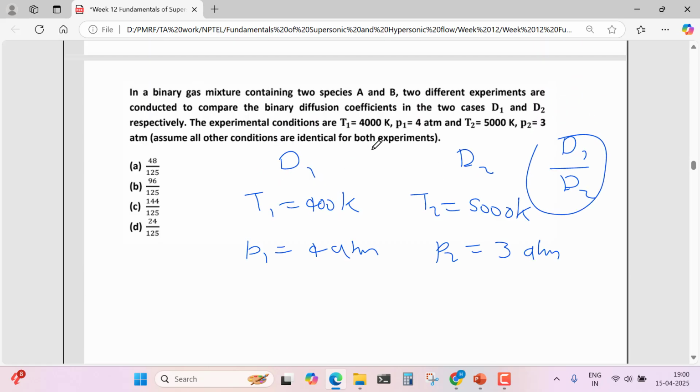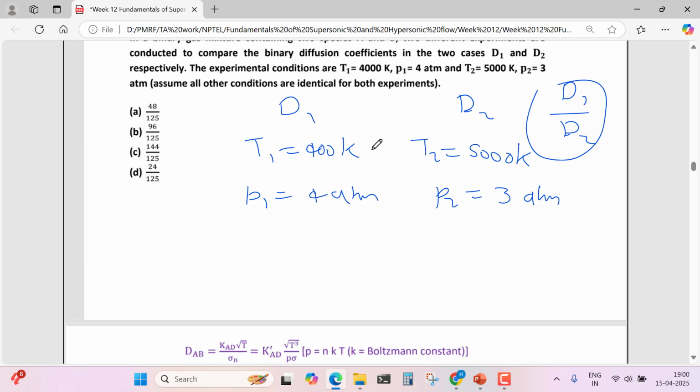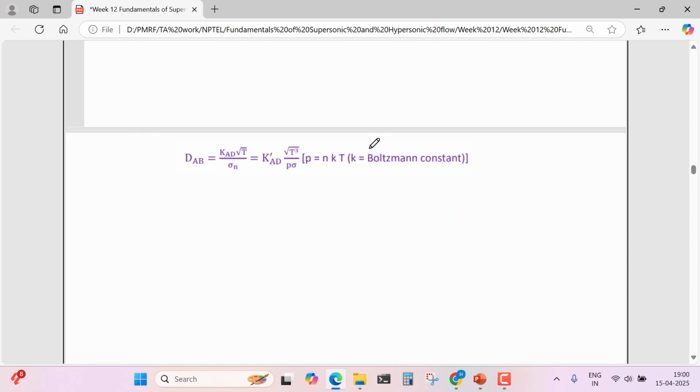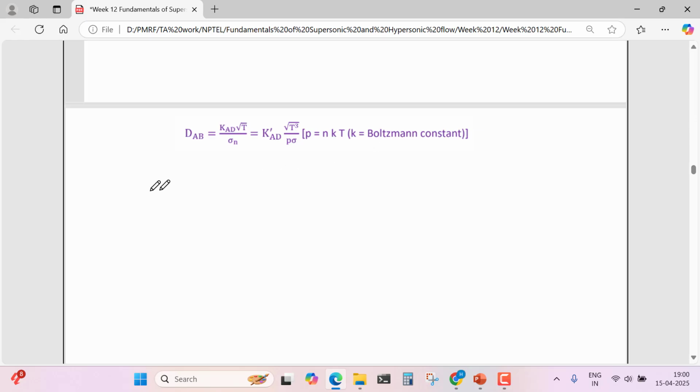So okay, now we will try to solve this problem. First we have to see what is the equation for the binary diffusion coefficient. DAB is given by KAD, one coefficient, under root T upon sigma n, where n is the number density.